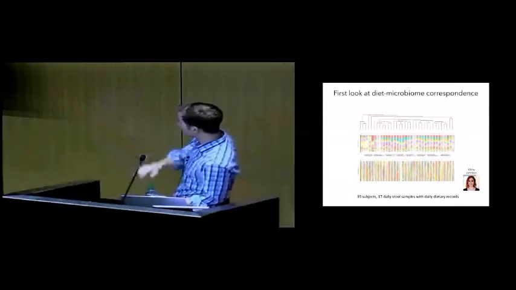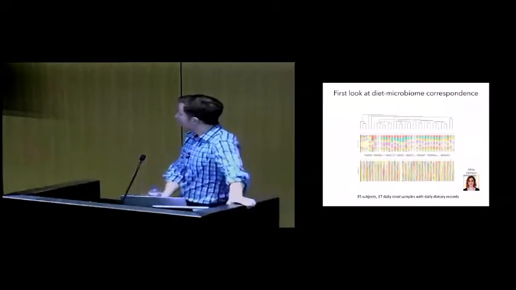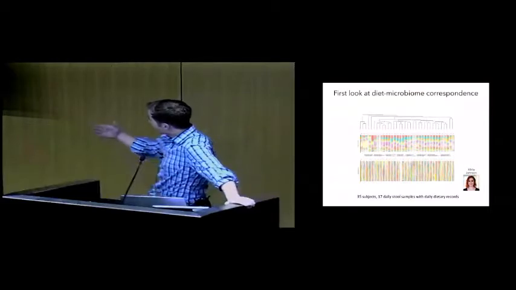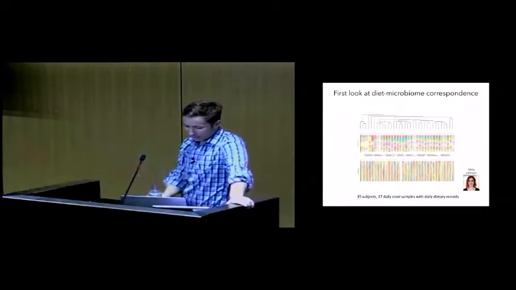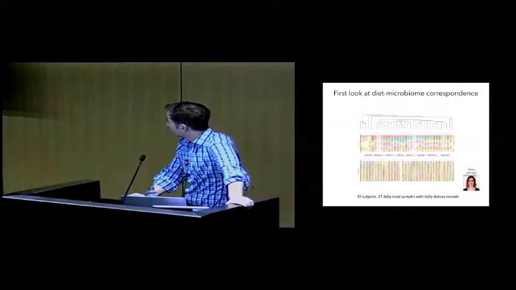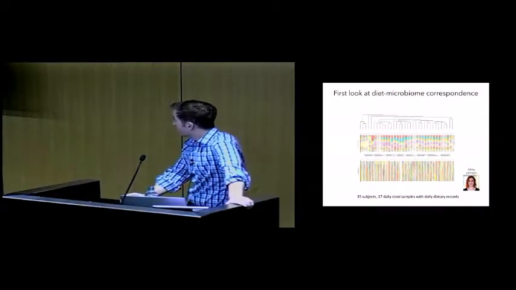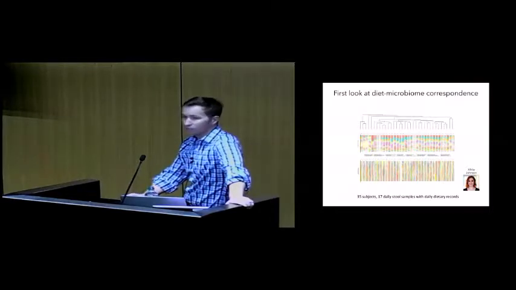So we're able to do this whole study quite affordably. And it's really the first look at this kind of dense longitudinal variation at the species level in anything more than one or two people. This was co-sponsored by the College of Biological Sciences, who picked up some of the cost, and General Mills.